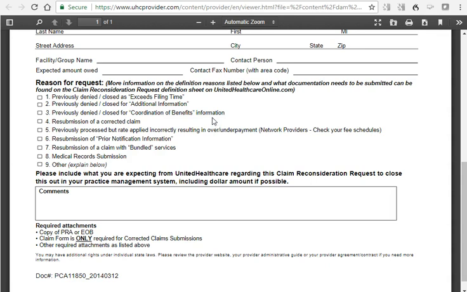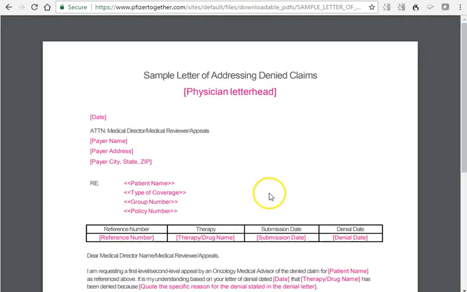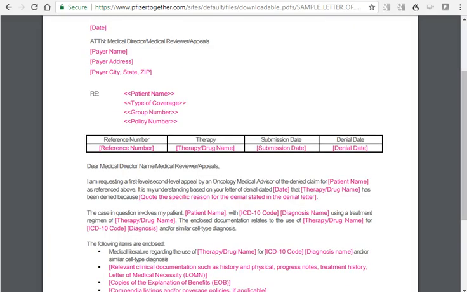Lastly, we're going to look at a sample letter that was written in sort of a general form to address to payers generally. This is a sample letter addressing denied claims, which comes from Pfizer.